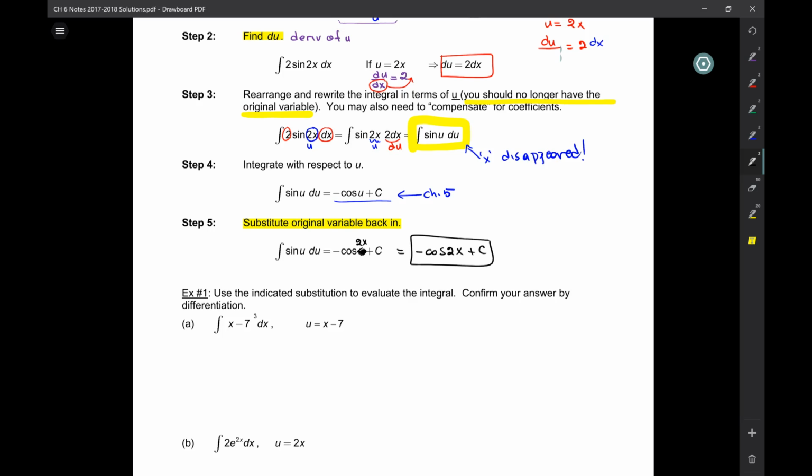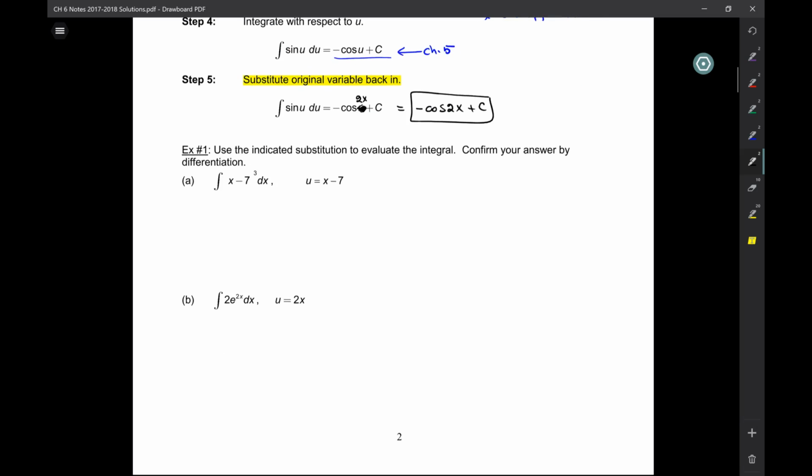Mathematically, you are free. It costs you nothing. The one condition is when you're done solving, you should not have any variables that were not initially given to you in the problem. So I can put in u's, I can put in v's, whatever I want. But at the end of the day, I only end with the x that I was given to start with.